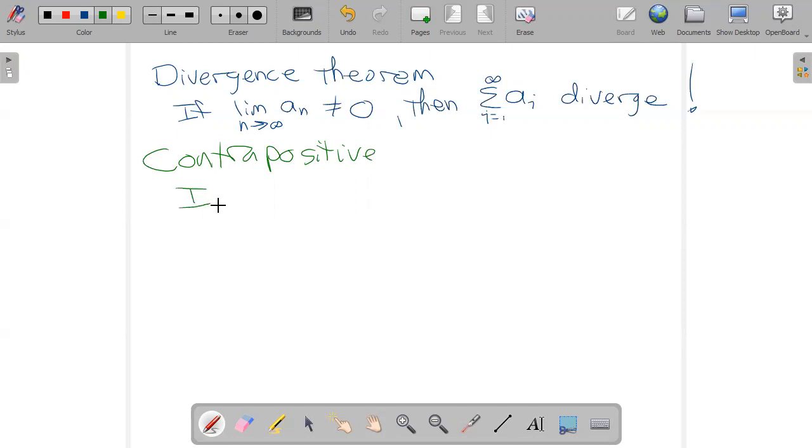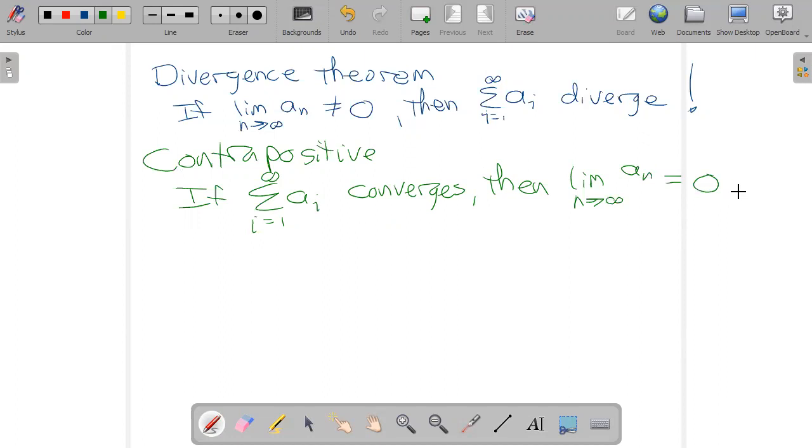So the contrapositive is if the sum, and again, infinite sum of these a_i's, if that converges, then the individual pieces in there that we added up, that limit of the individual terms, had to go to 0.